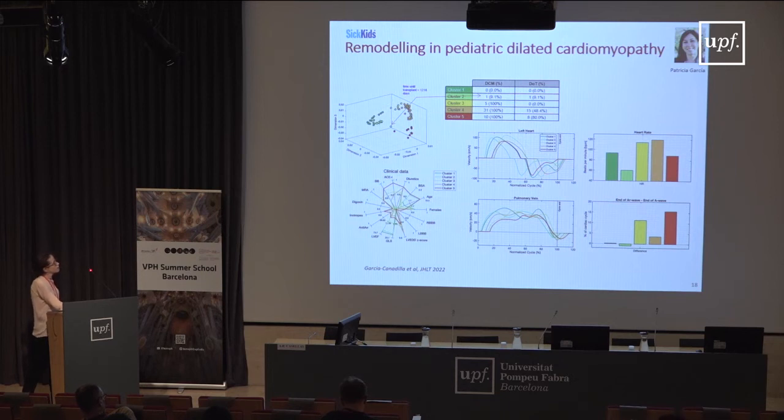Okay, for example, cluster 5 corresponds to the oldest patients, the ones that were more medicated and with combined systolic and diastolic heart failure, and with a high prevalence of death or of heart transplant.